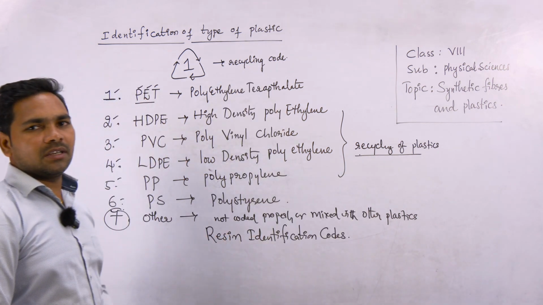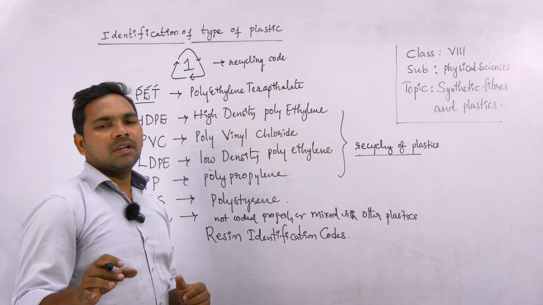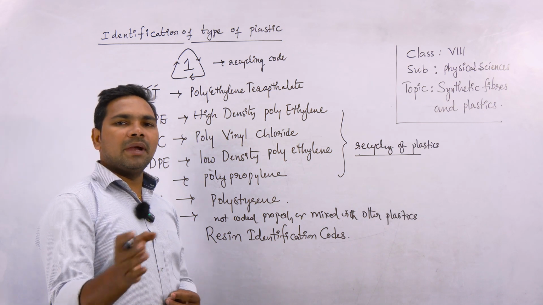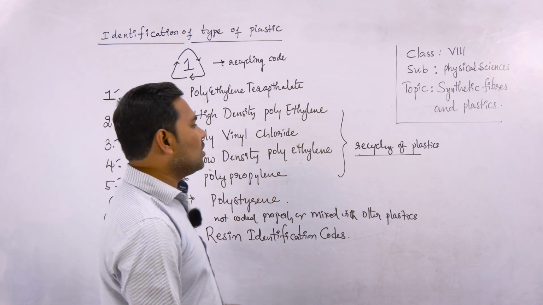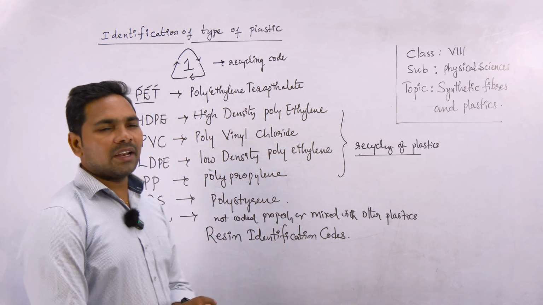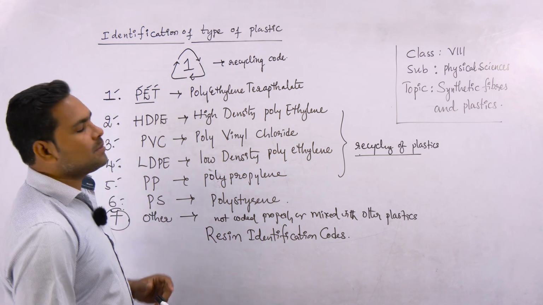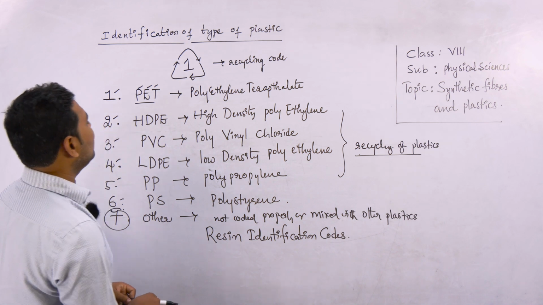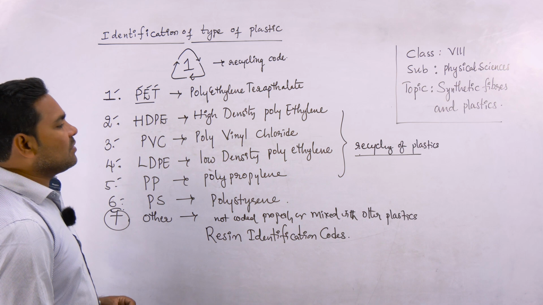Each type of plastic is collected separately into separate heaps and that plastic is melted again to make new items. This process is called recycling of plastics. For recycling, to identify the type of plastic, a number is generally printed on these plastic containers. These are the different types of plastics.